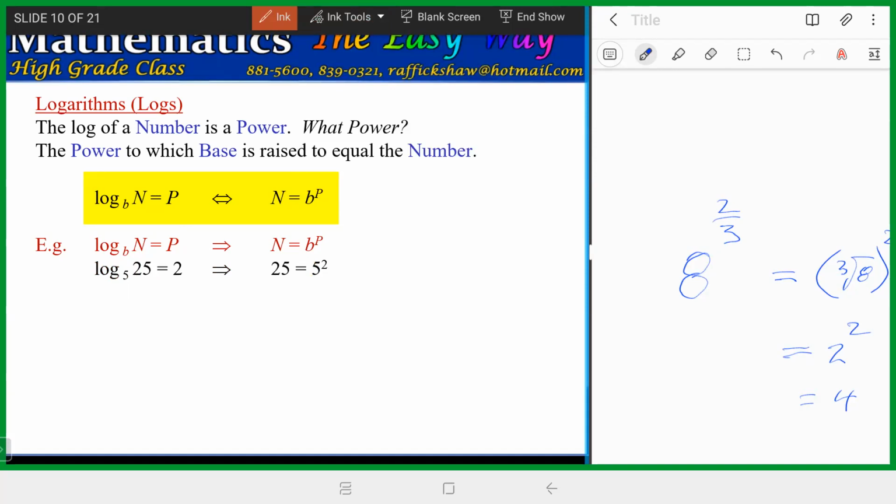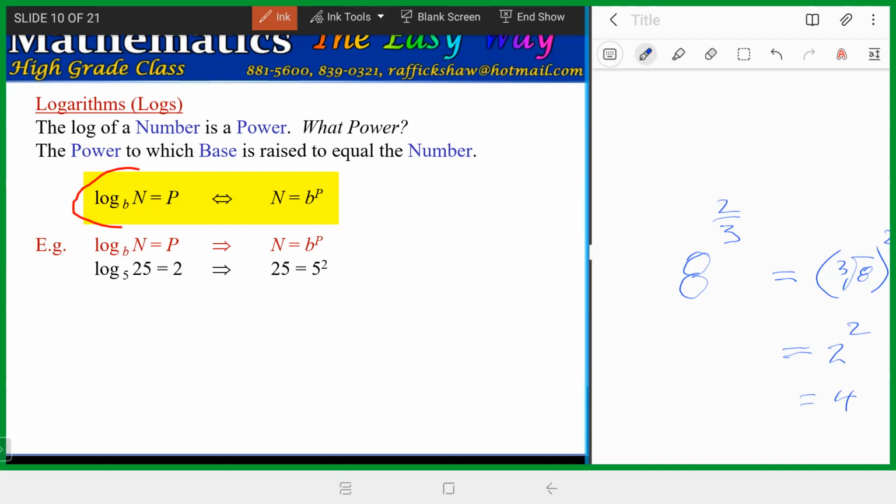You're looking for number, base, power. The log of a number is equal to a power. What power? The power to which the base is raised to be equal to the number. Can you understand that? Especially people doing this for the first time.